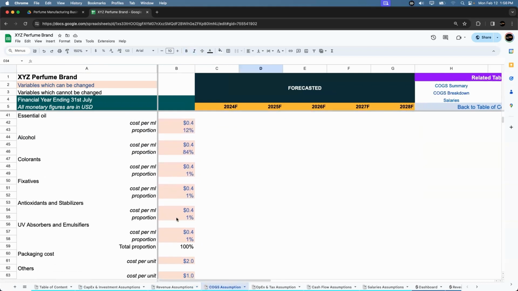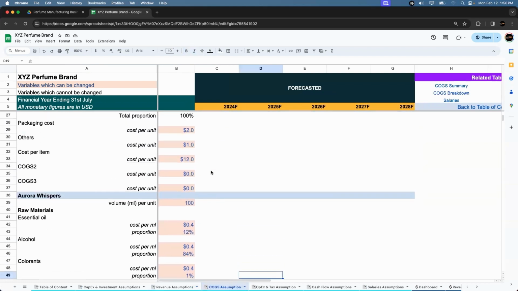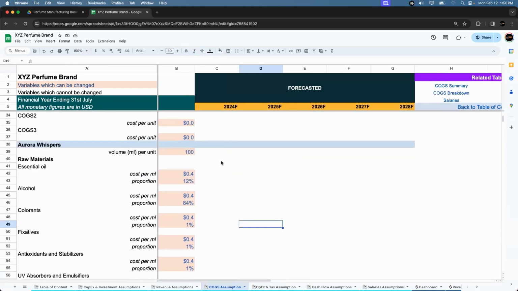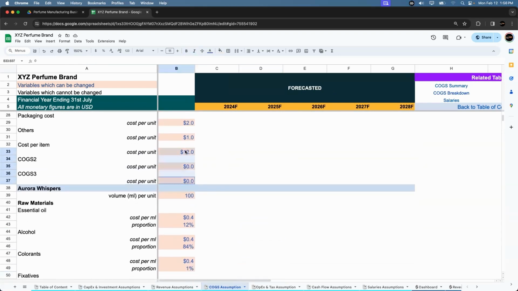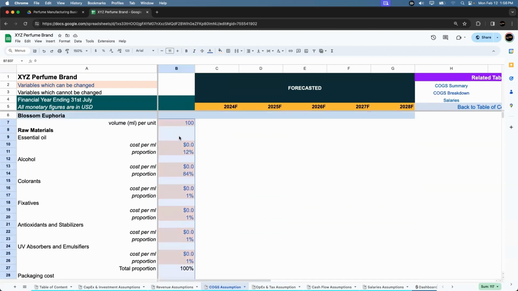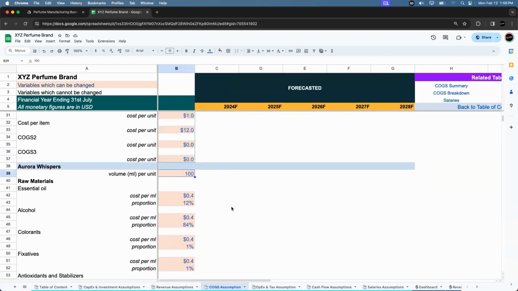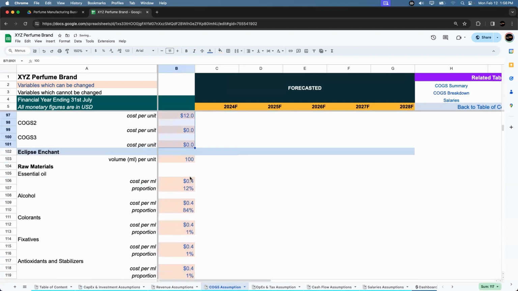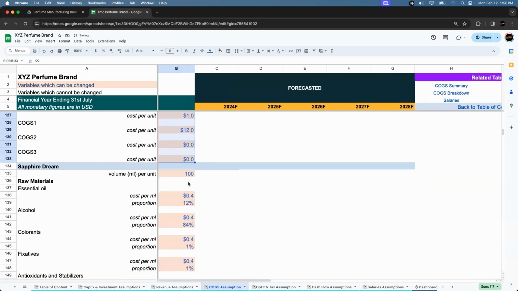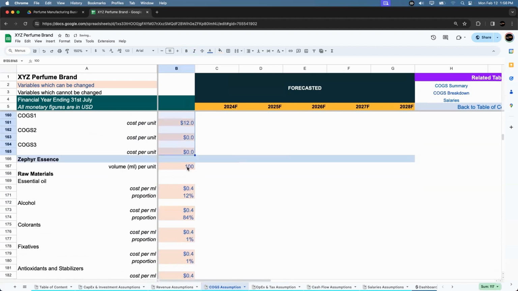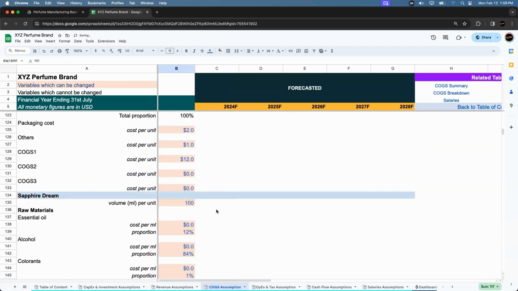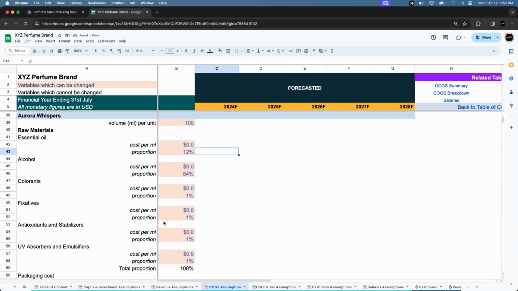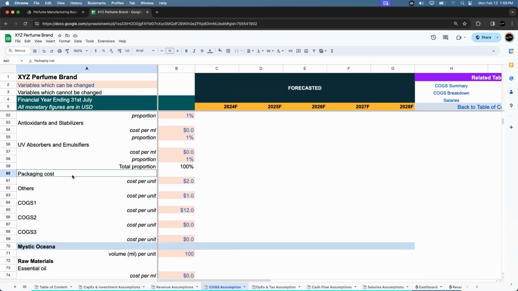We can do the same for the other stuff in here. For example, as we are assuming that we won't be manufacturing this item, I'm just going to copy this, paste it here, paste it for all the products. You can do the same. It's going to save a lot of time. After that, you can just bother about these particular costs.